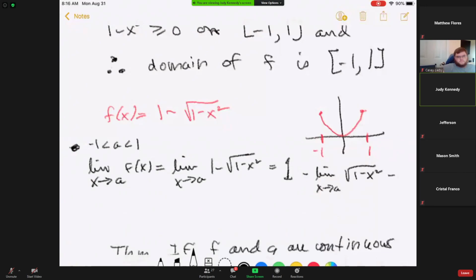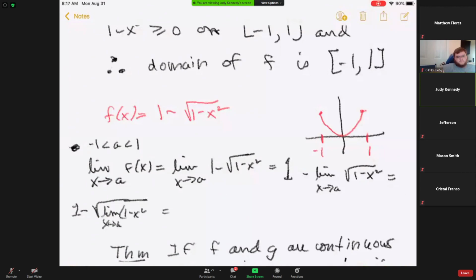For the most part, they're sort of intuitive, but one of them says that as long as that square root's defined, I can take it outside the limit. Okay, and we're going to talk some more about continuity today. From the limit laws, you can do this. Take the limit inside.